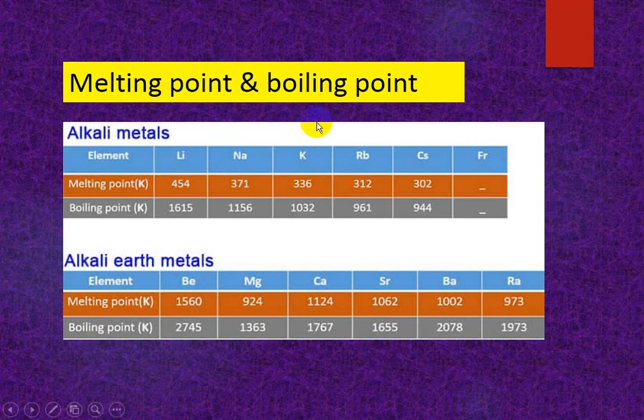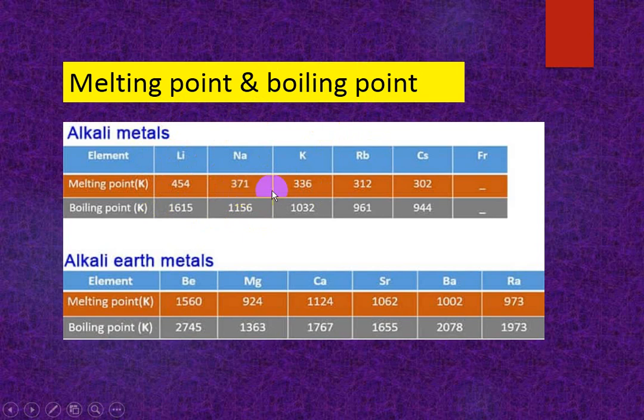Similarly, the temperature at which a liquid starts to boil is called the boiling point. This is the melting points of group 1. Group 1 elements' melting points and boiling points are given in Kelvin.